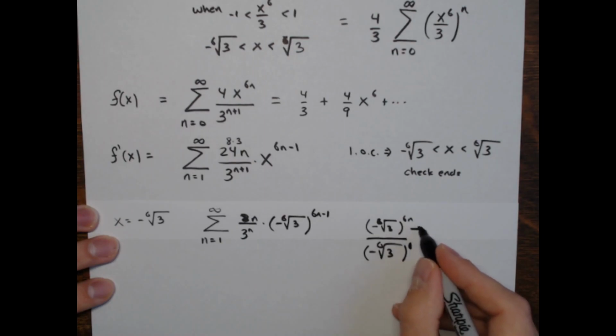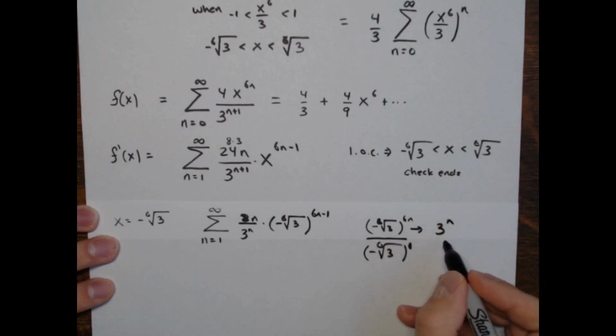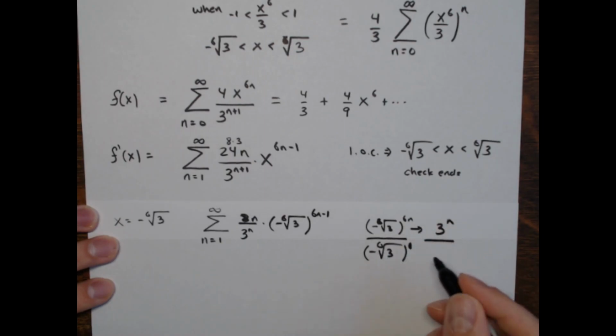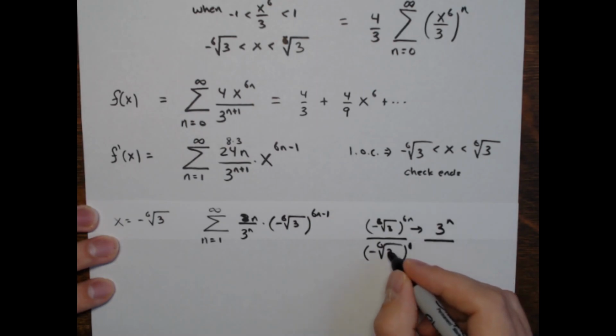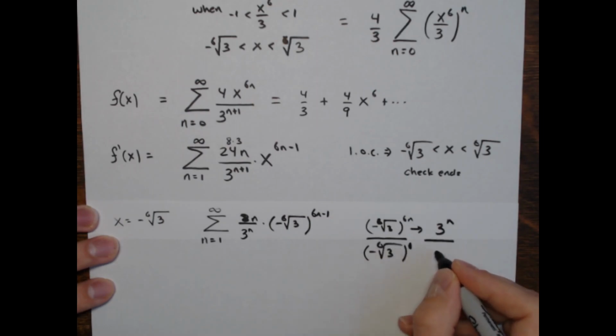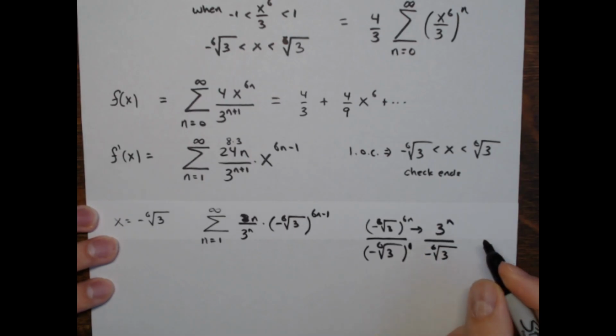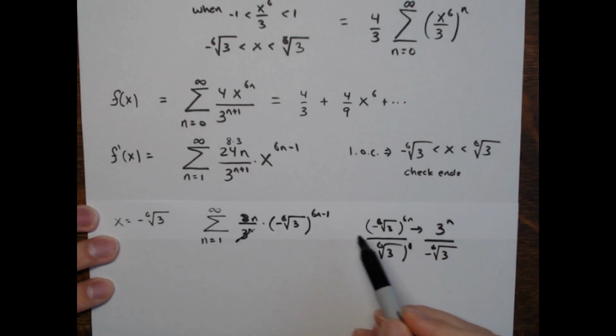So this is 3 to the nth up here, and then divided by whatever negative 6th root of 3 is down here. And then 3 to the nth in the denominator there, 3 to the nth in the numerator here.